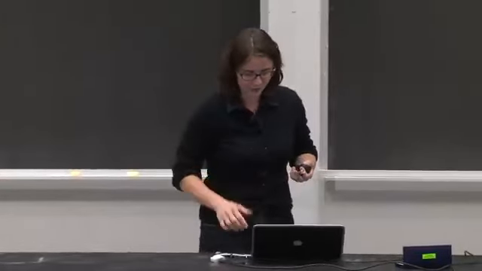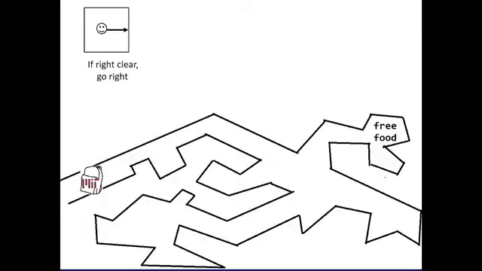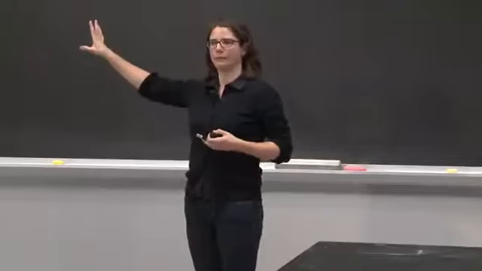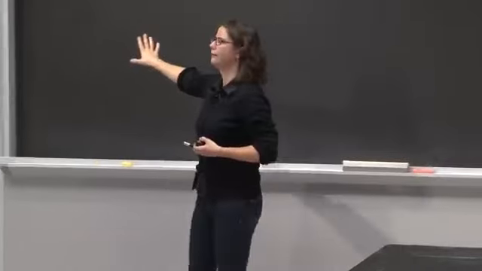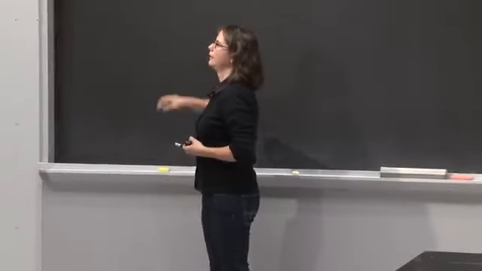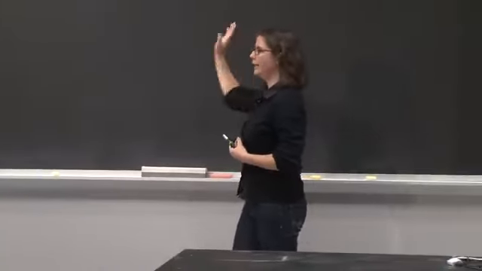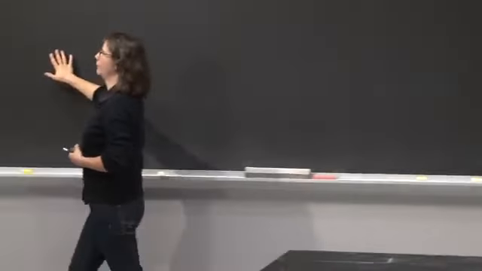There might not be any left, right? But I'll be there. OK. So the algorithm is as follows. Okay? If my right hand always has to be on a wall, then I'm going to say, if there's no wall to my right side, then I'm going to go right until I get to a wall. Okay? Then, if there's a wall to my right and I can go forward, I'm just going to keep going forward.